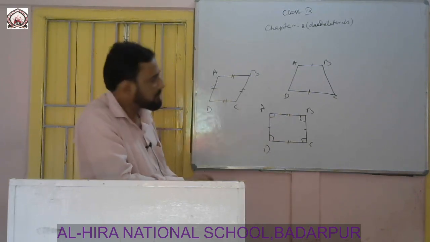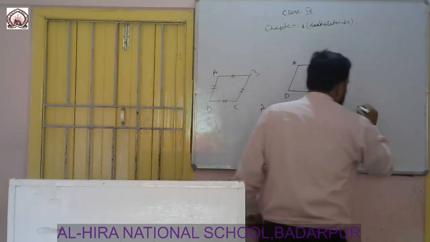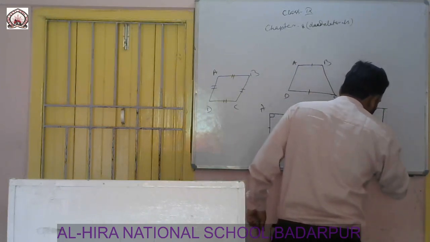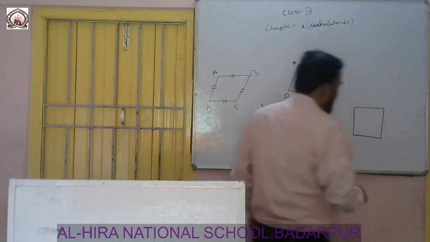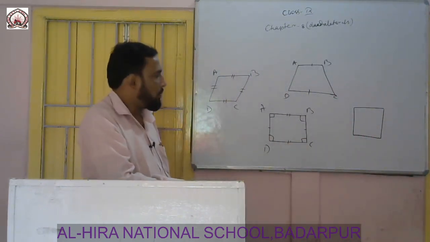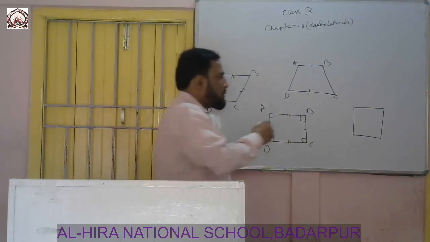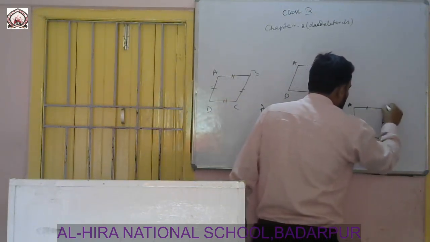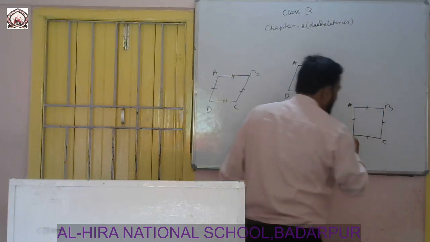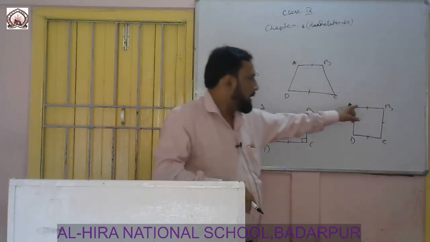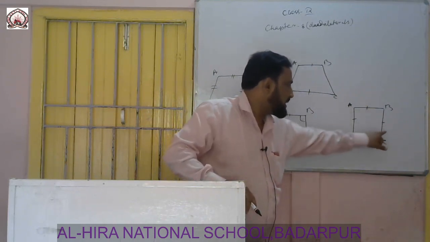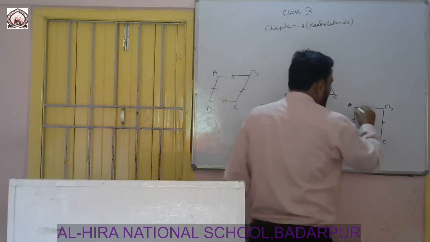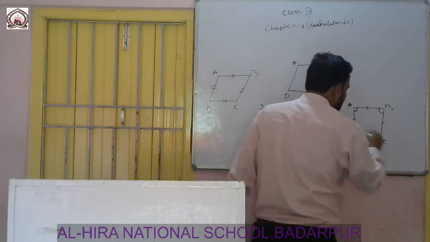Next, square. The rectangle whose all sides are equal is called a square. Here see, AB, BC, CD and DA, all the sides are equal and each angle is a right angle, then it is a square.